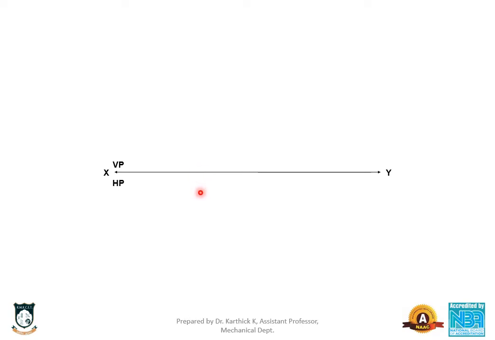So bring the scale here, mark 10 mm and 50 mm. The midpoint M is 50 mm in front of VP. Okay. Then just draw a line here. This line is nothing but locus of S. And you have to draw a line. This line is nothing but locus of M.